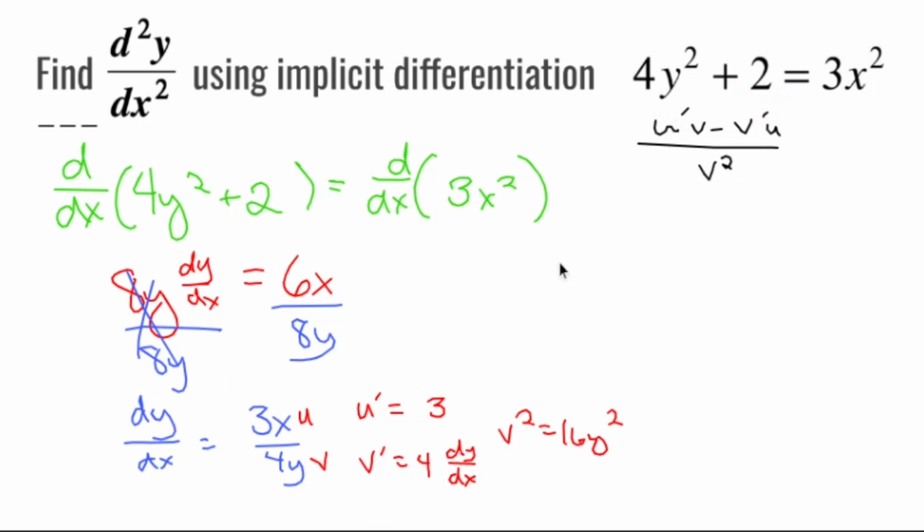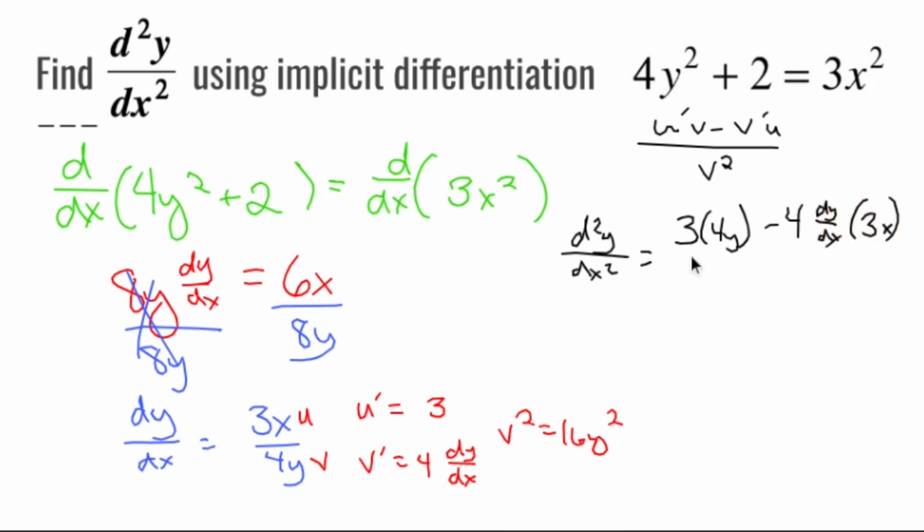The second derivative with respect to x is going to be u prime, so 3, times v, so times 4y, minus v prime, which is 4 dy/dx, times u, which was 3x, over v squared, which is 16y squared.